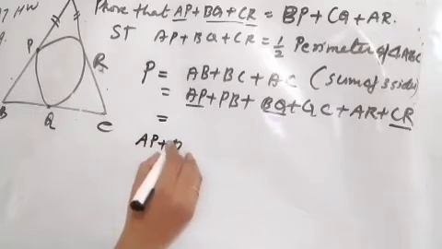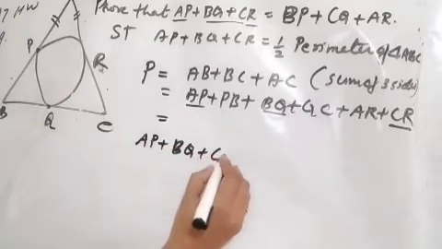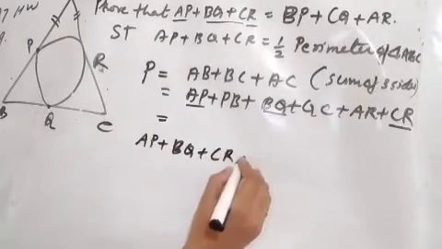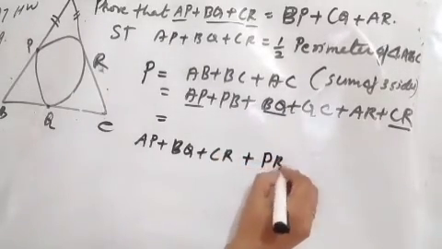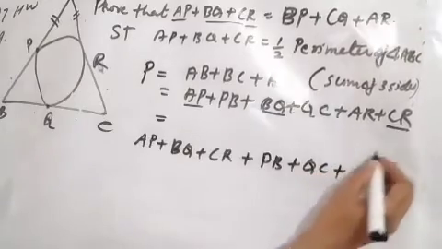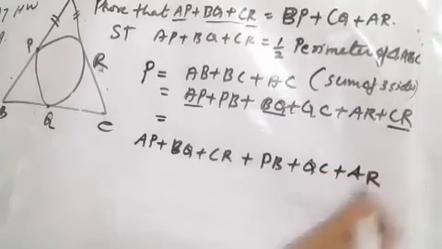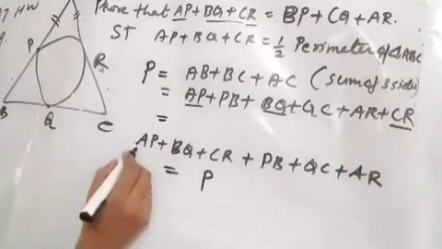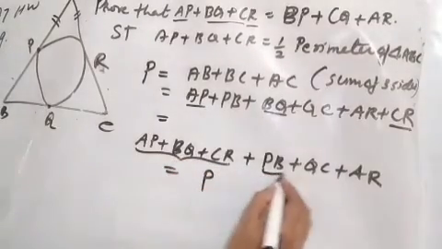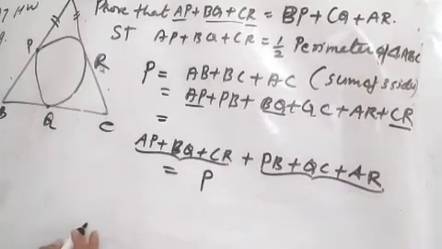AP plus BQ plus CR plus the remaining portion PB plus QC plus AR equal the perimeter. Now AP plus BQ plus CR and PB plus QC plus AR are equal, no?